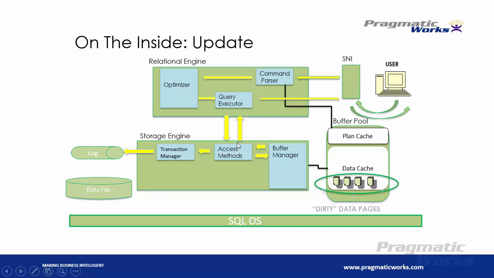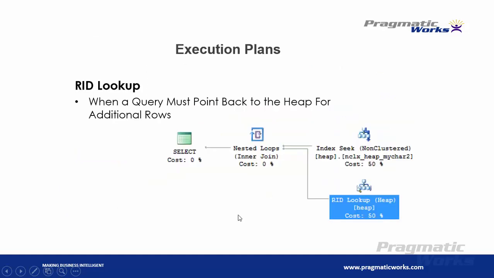Having the transaction manager write the transaction to the log before the data is even written to disk is known as write ahead logging. And it's only during insert, update, and delete operations that this writing to the log occurs.